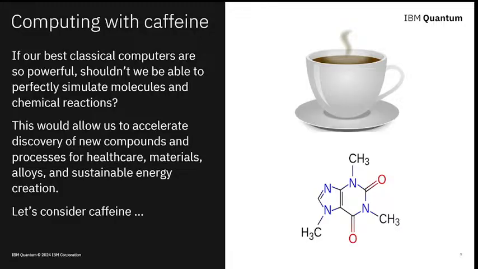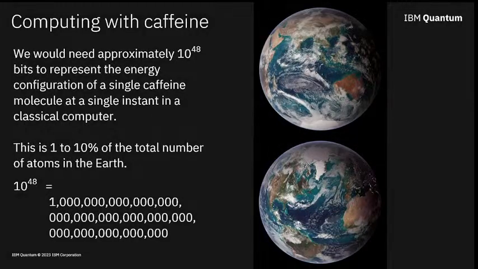One of them is modeling of molecules. If you try to model a molecule like caffeine, which is something you find in coffee, for example, it would take 10 to the power 48 bits.